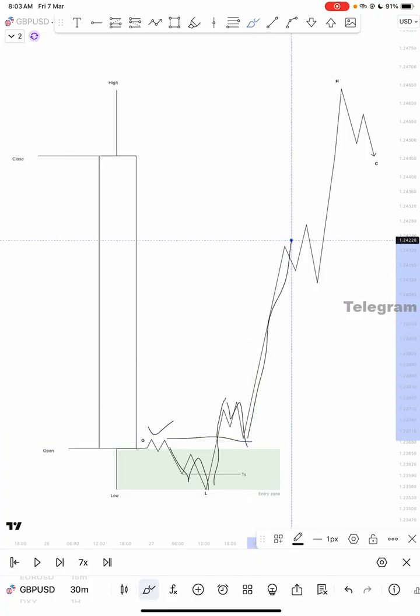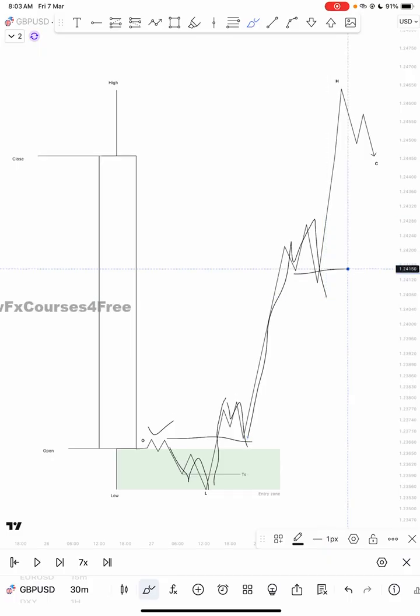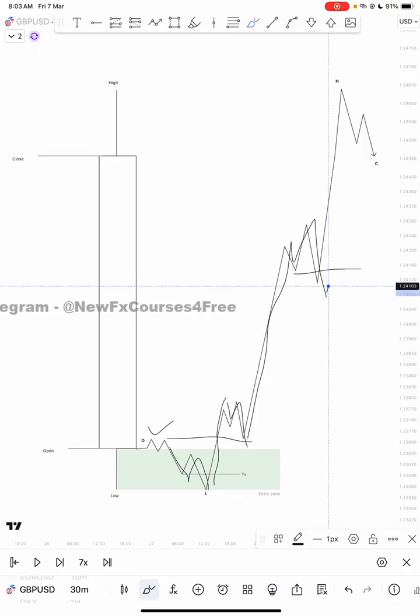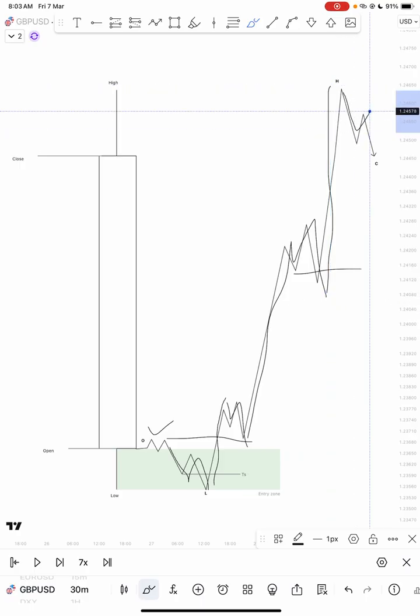Then the second leg of expansion. Then you get your kiss of death turtle soup here before expanding towards your anticipated draw on liquidity higher. Then you get your high, then you get a little retracement downward, then you get your close.